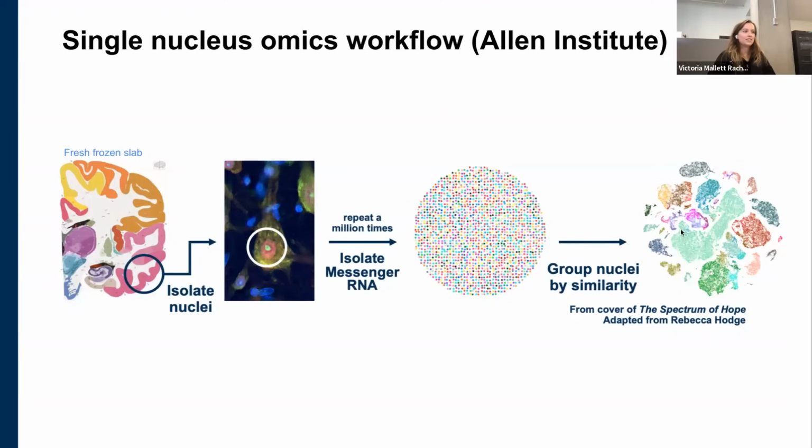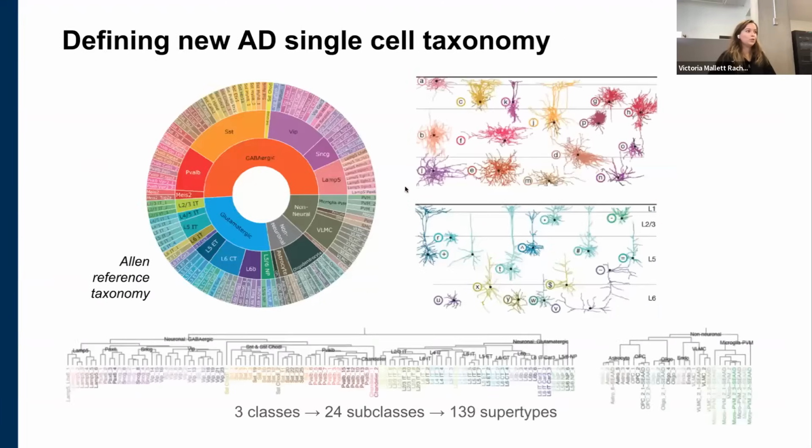This allows you to go from a broad approach of, there's a triangular looking pyramidal neuron labeled with tau, to an extremely rich classification of really refined cell types. This is an example of a cell type wheel showing what level of resolution single nucleus omics on brain tissue gives you.